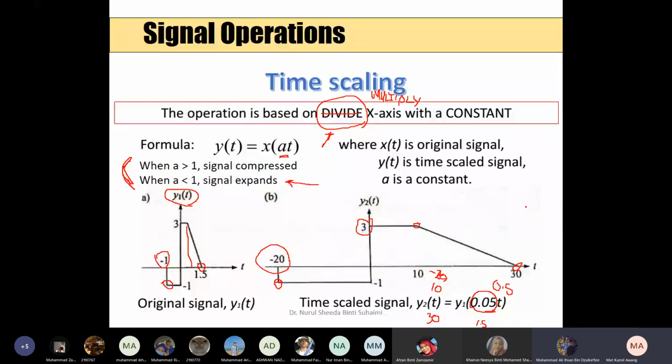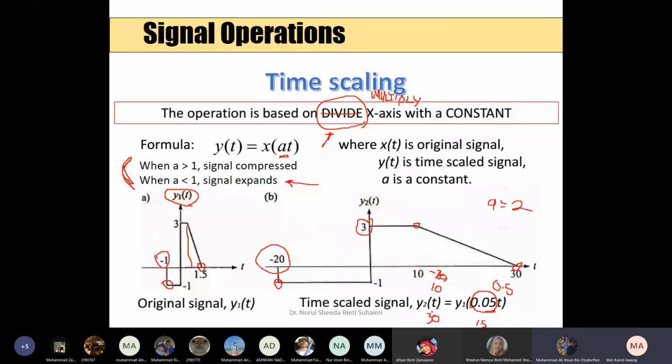Yes, okay, understood. Let's say we take A is equal to 2, starting from t. Let's take this original signal and draw it with A equal to 2.